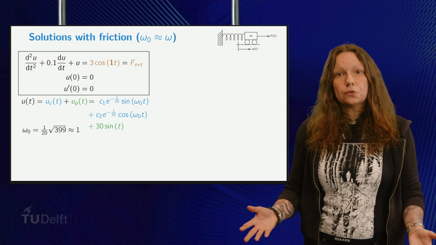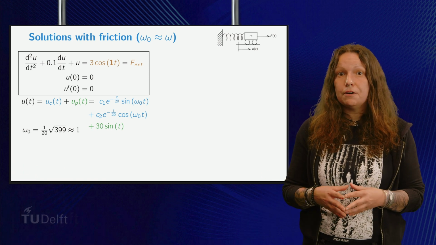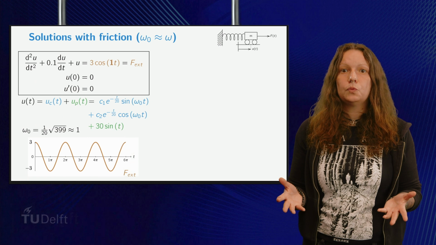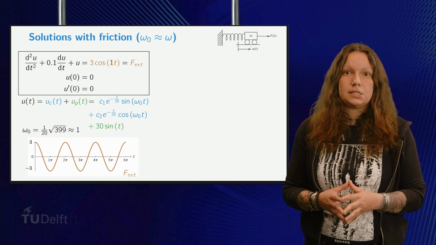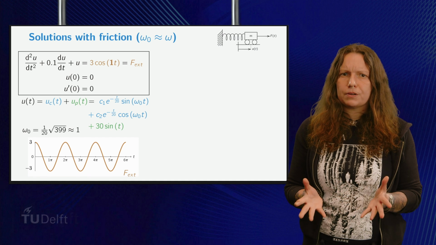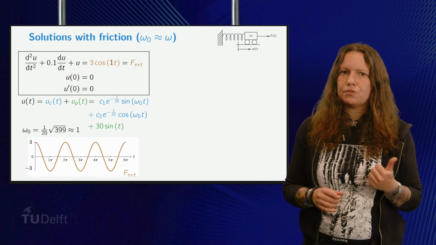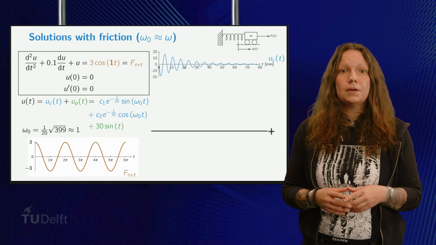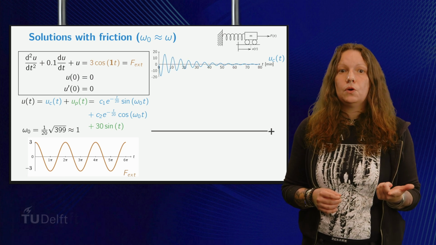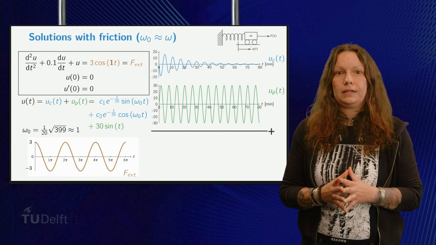Now, the external driving force F itself is a simple oscillating function with constant amplitude 3. But the system's displacement u of t behaves differently. It is the sum of the transient solution uc of t, which dies out over time, and the particular solution, which persists indefinitely.